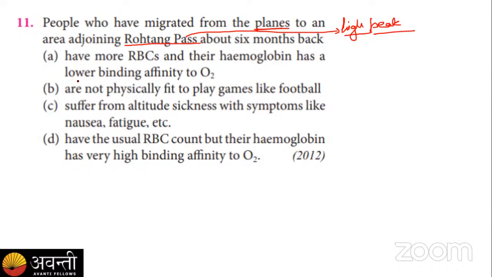A, have more RBC and their hemoglobin has a low binding affinity to oxygen. B, are not physically fit to play games like football. C, suffers from altitude sickness and symptoms like nausea, fatigue, etc. Option D says have the usual RBC count, but their hemoglobin has very high binding affinity to oxygen.